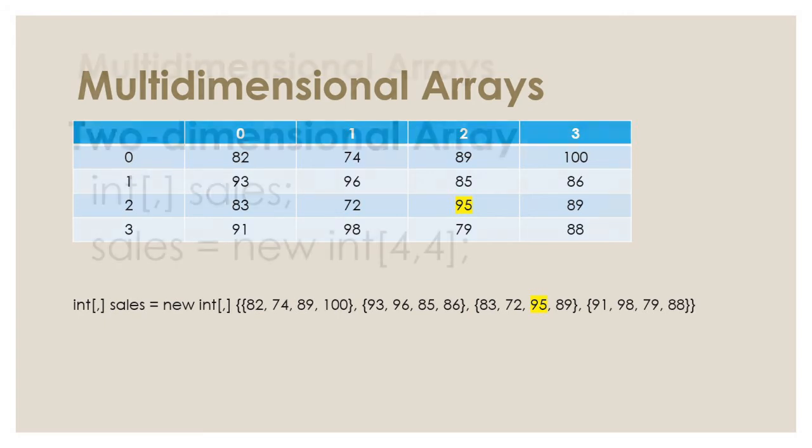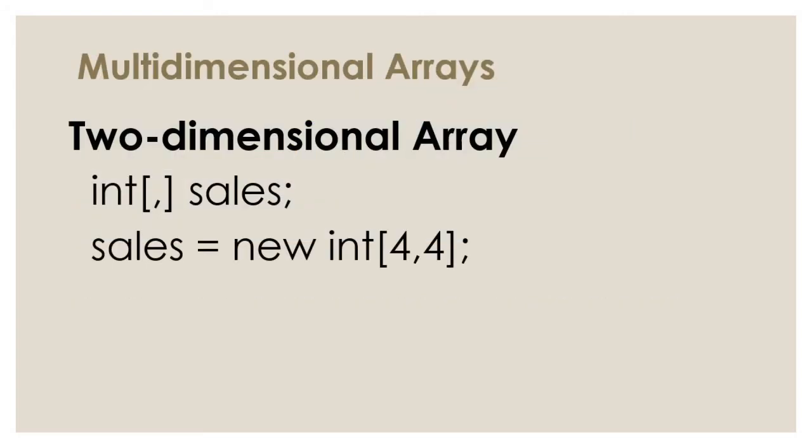Multidimensional arrays are declared by providing the upper bound of each of the dimensions of the array. Just like a regular array, you can declare a multidimensional array without specifying the dimension bounds. To do this, you use commas to specify the number of dimensions. For example, int, and then opening bracket, and then a comma, and then the right bracket, and then a space, and then sales for the name of the array, and semicolon.